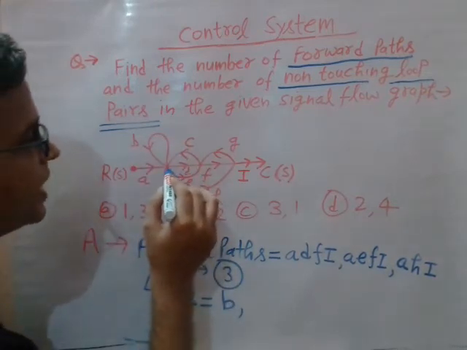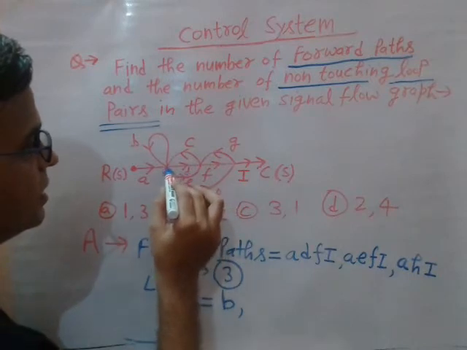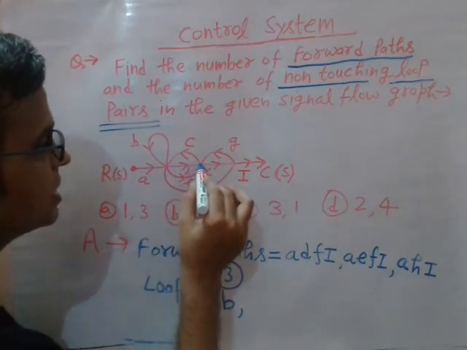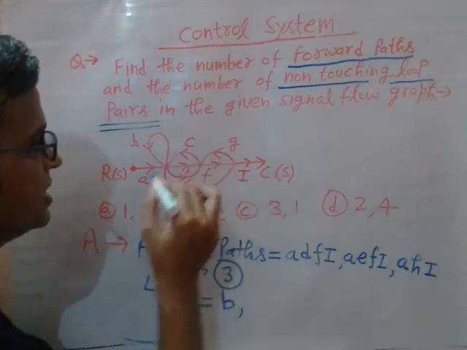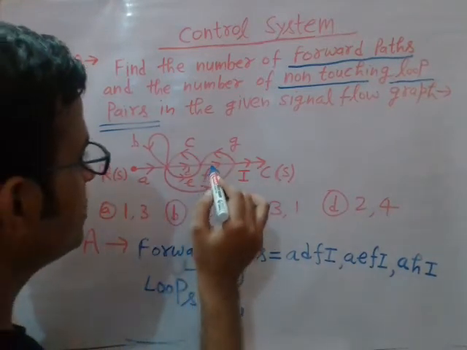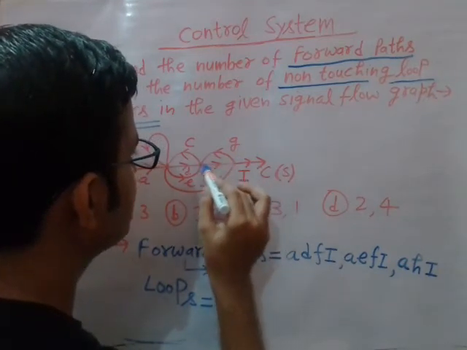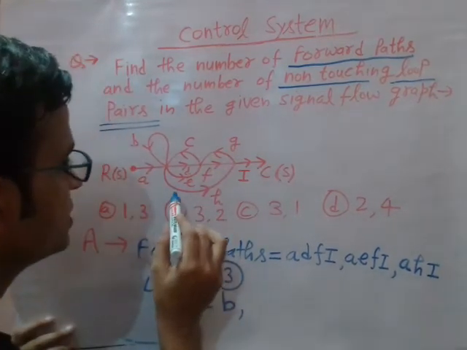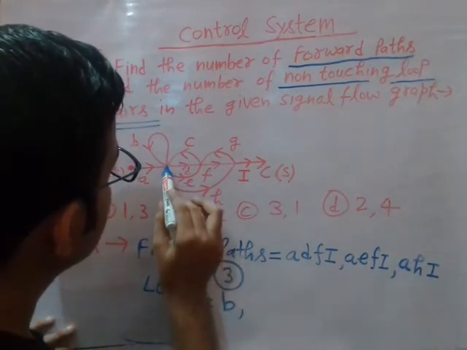Now another loop that you can find is D and then C. Another loop that you can see is F and G. Do you see any other loop?